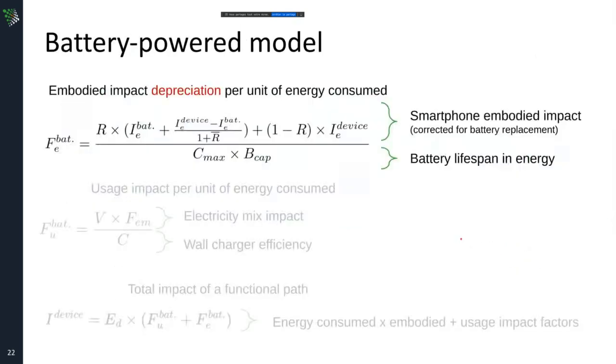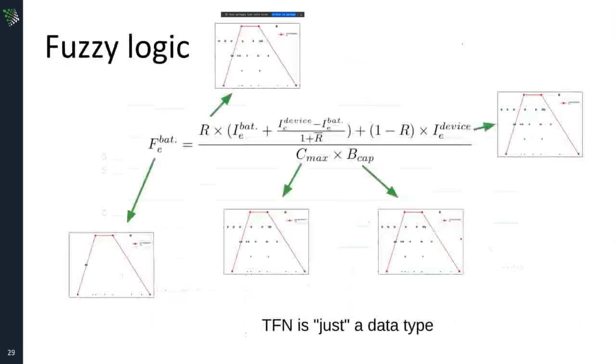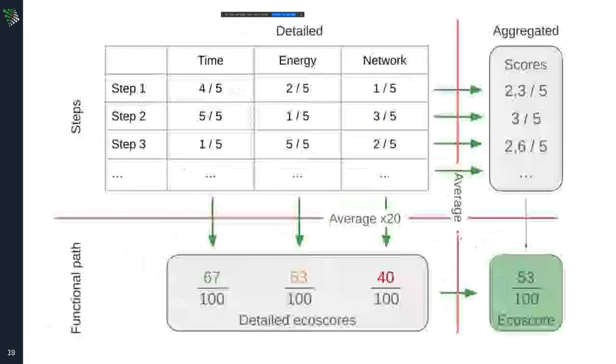So the global eco score is based on the scores of the steps, and each step is graded regarding 5 indicators. The decision to provide 1 or 2 or 5 to a given step is based on empirical data that we have. For all the steps that are in our database, we can compute how many of them are in the best 20 percent, how many are between 20 and 40%.